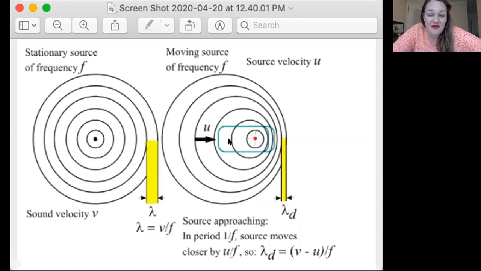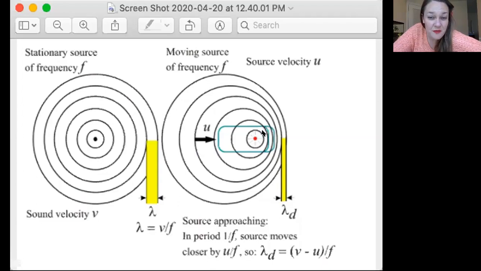However, if you have something like an ambulance that is moving in one direction, in this case from here to here, what happens is as it moves forward, everything is getting shifted to the right. And so as it all gets shifted to the right, these waves become closer and closer and closer together. And these wave fronts become further and further and further apart.